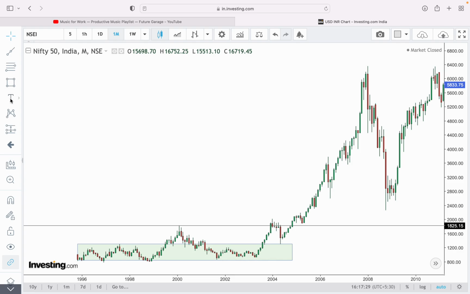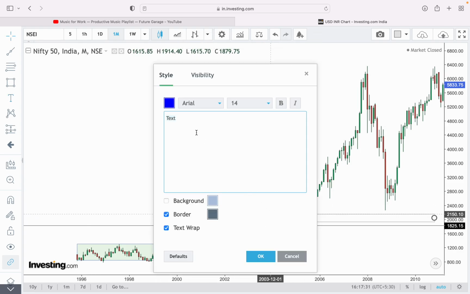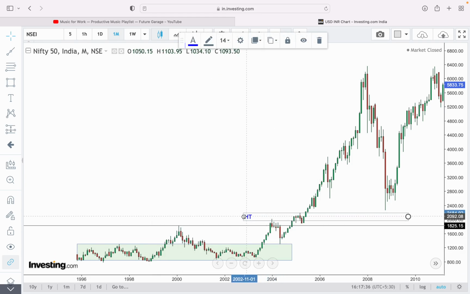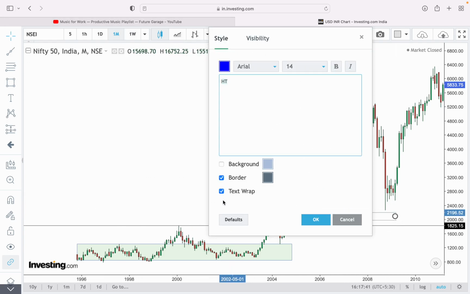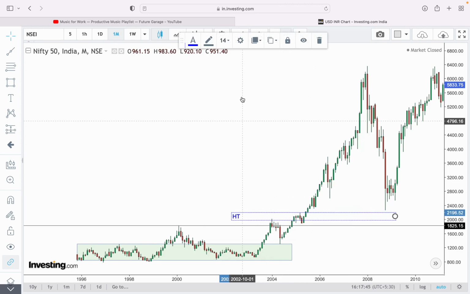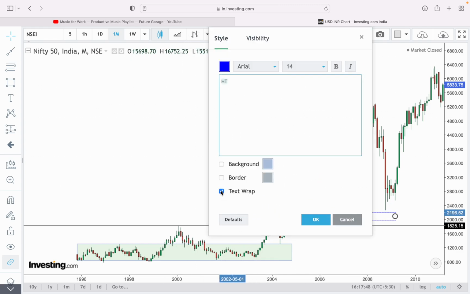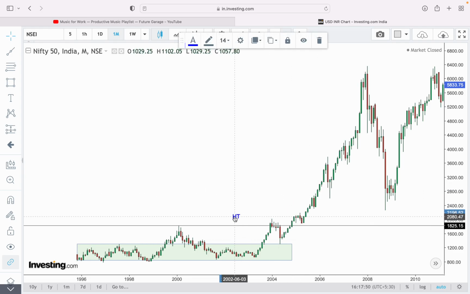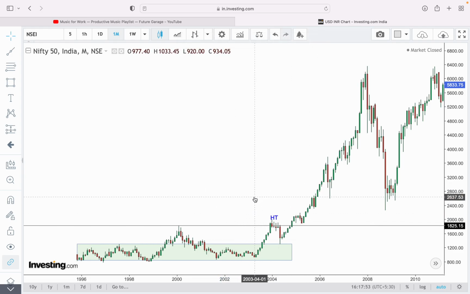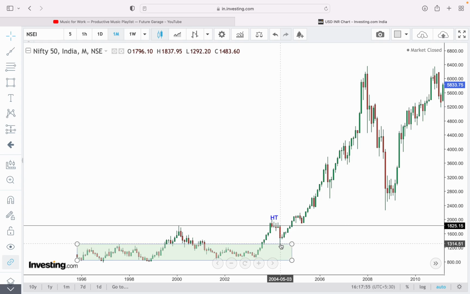In a sense, Nifty created its first instance of a higher top. Once this higher top was created, when Nifty retested the 1997 high, we basically got a point of a potential higher bottom.